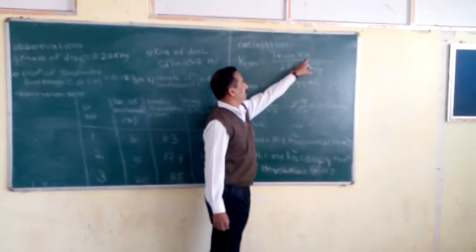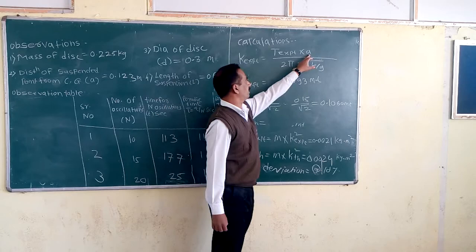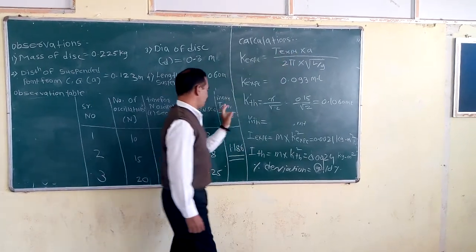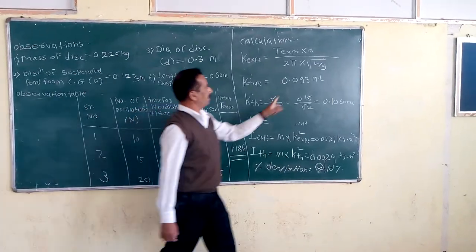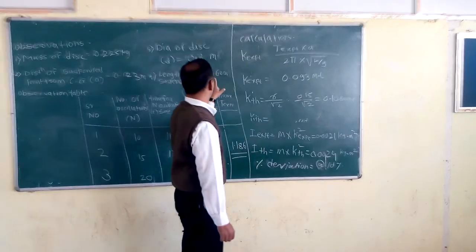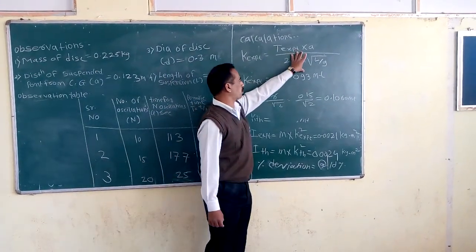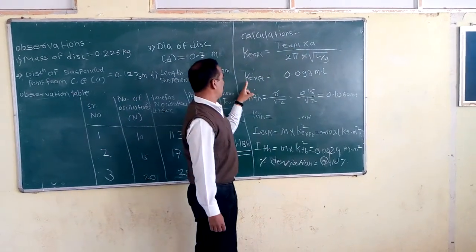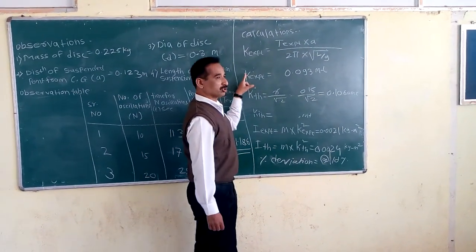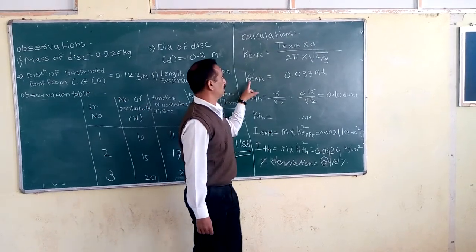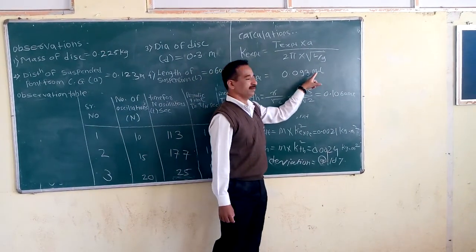A we have recorded, T experimental we have found from this experiment, and the length of the suspension L we have already measured, that is 0.60 meter. Putting all these values in this formula, we get the experimental radius of gyration, K experimental, as 0.093 meter.